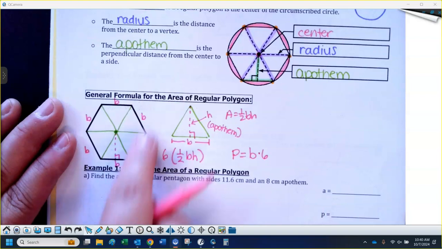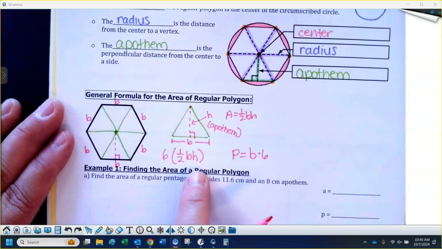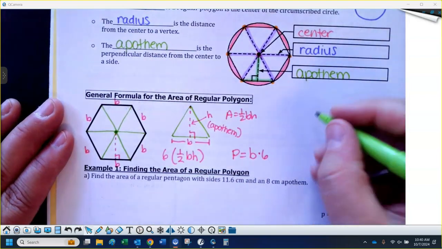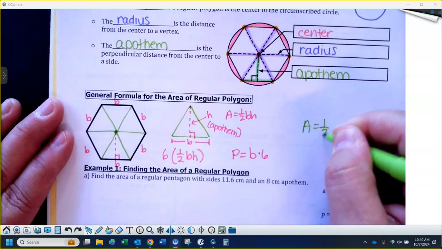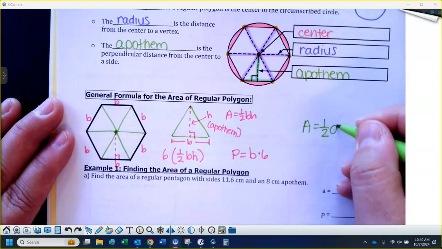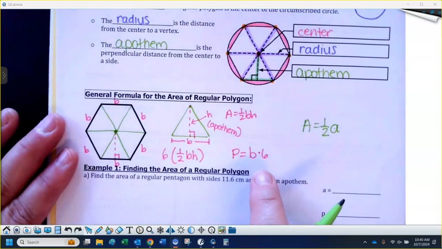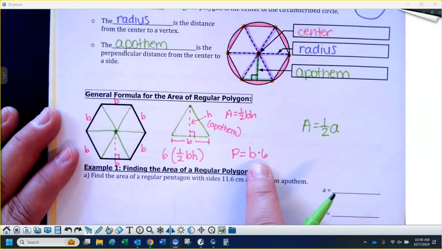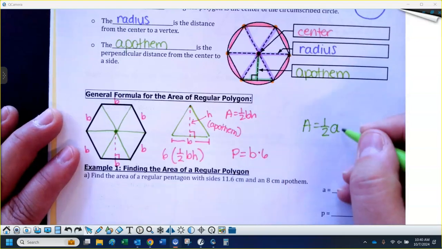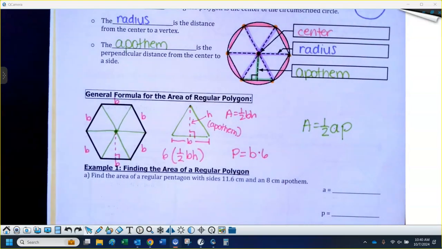Instead of doing 6 different triangles, they set up this formula, and it goes like this. It's 1/2 times the apothem, which is the same thing as the height of each one of those triangles, times the perimeter of the whole thing instead of the base of each of the triangles. That formula will give you the area of all those little triangles, but just doing it in one step.